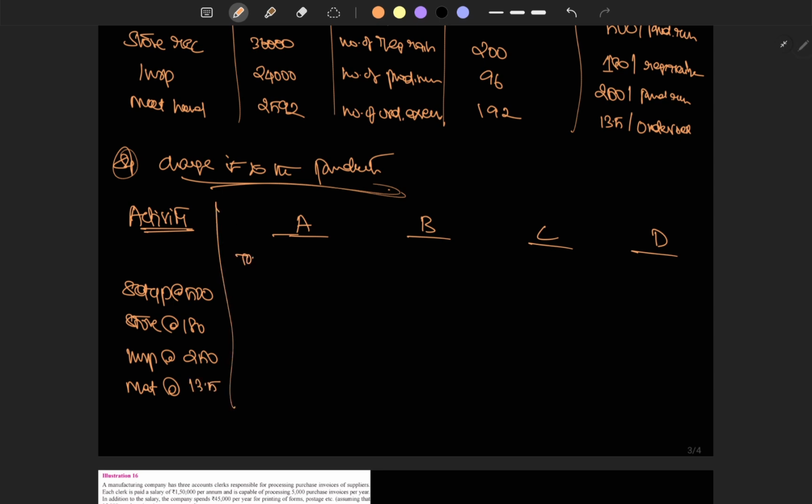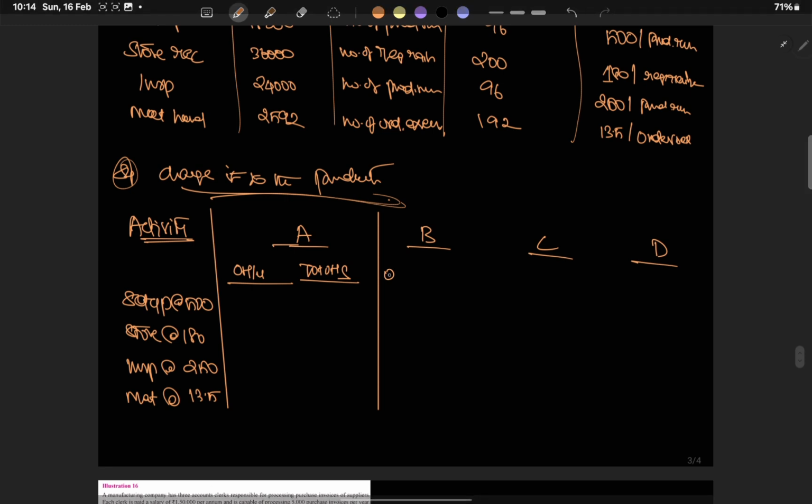Okay, now total overheads, overheads per unit, total overheads.